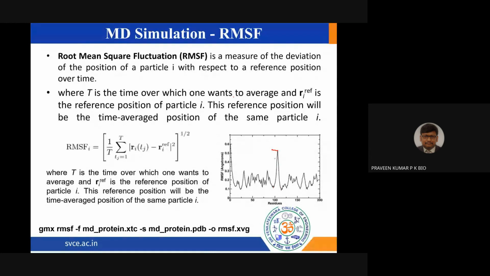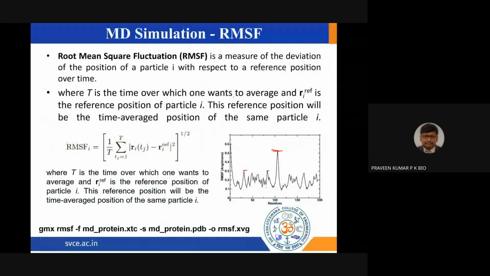So your protein is not stable only in these residues, 100 to 110. But here you have minimal peaks. This is no problem, but here you have a major problem in these residue positions, 100 to 110.